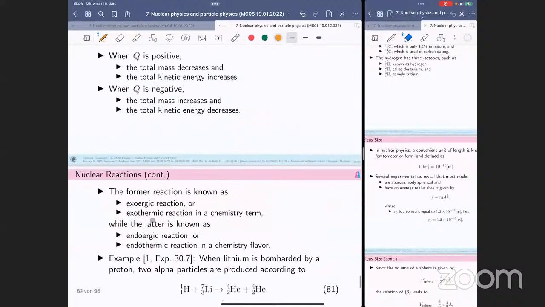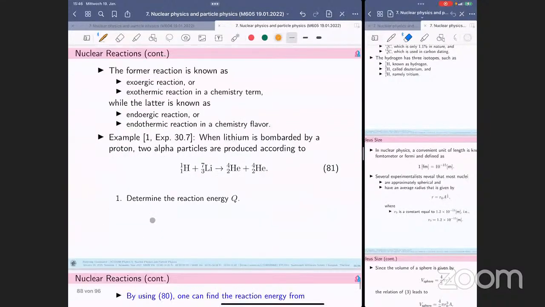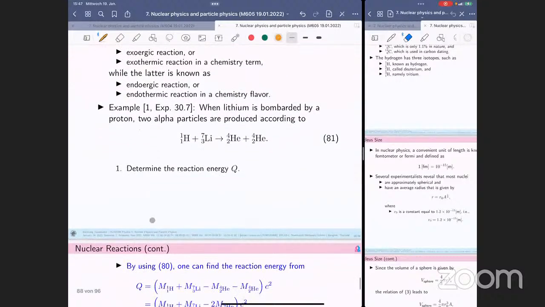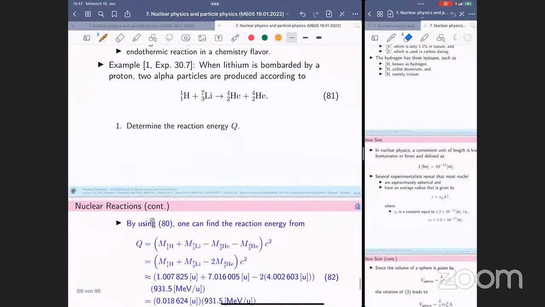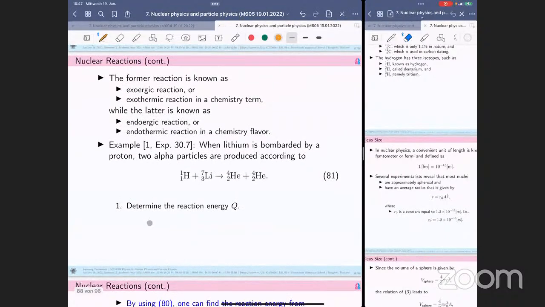We're going to try to solve one problem regarding nuclear reactions. What time is it?